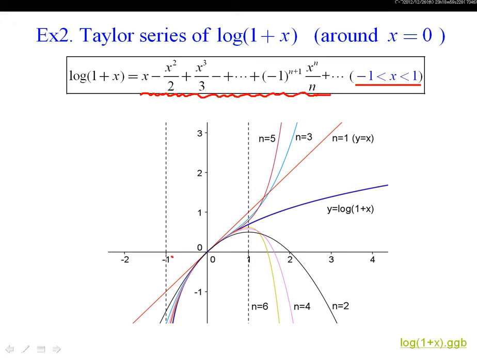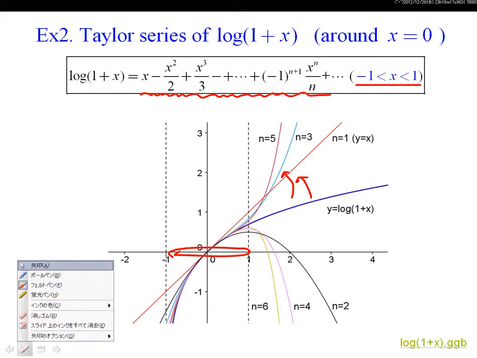So outside of this area, the series doesn't converge to y equals log 1 plus x. It diverges. So let's check it with GeoGebra.